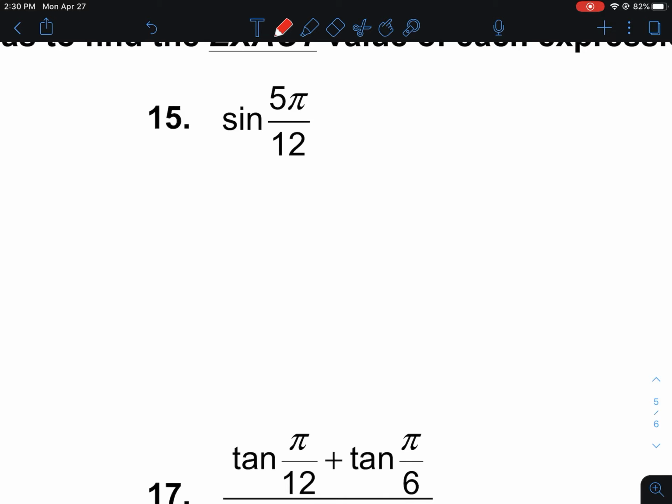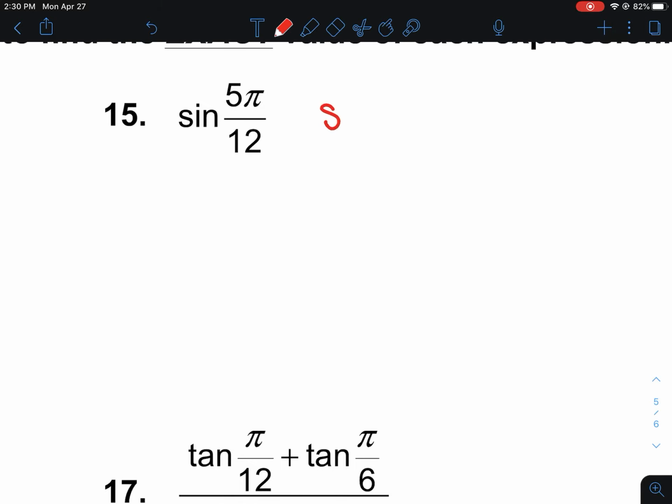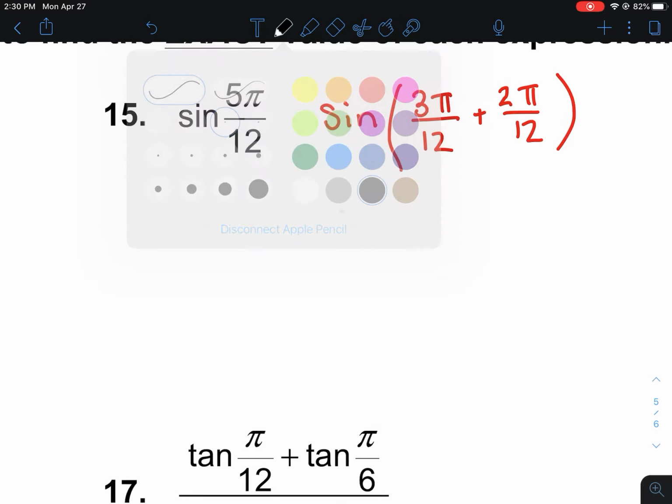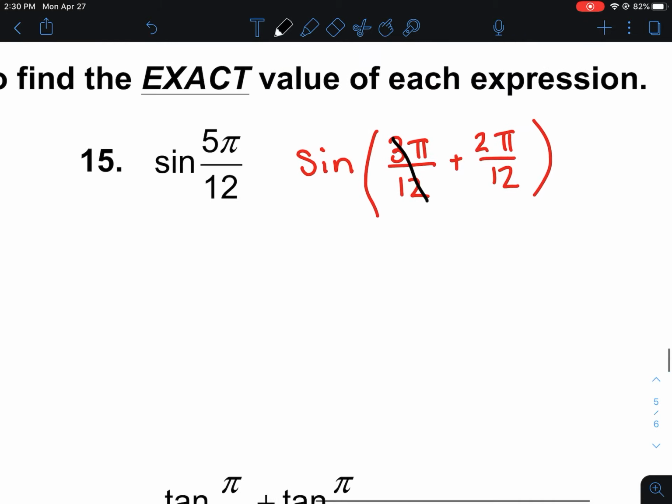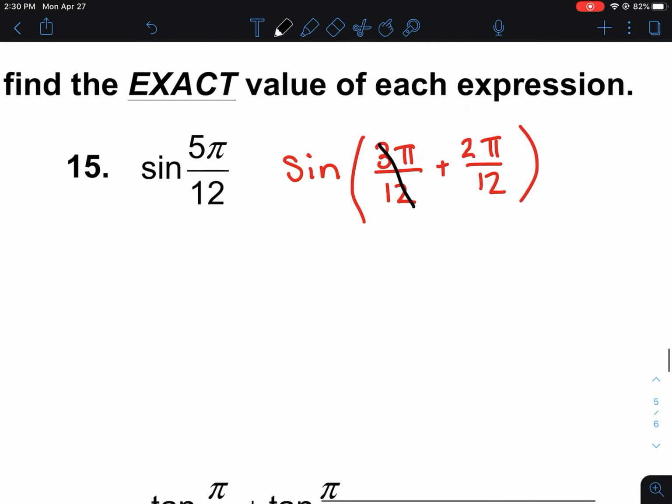So 5 out of 12 can be broken up into 3 out of 12 and 2 out of 12. So 3 pi over 12, 2 pi over 12. The reason I picked those is because 3 over 12, 2 over 12, they simplify to things on the unit circle. So 3 over 12 is really pi over 4, and this is pi over 6.